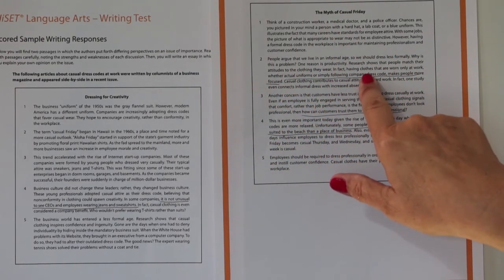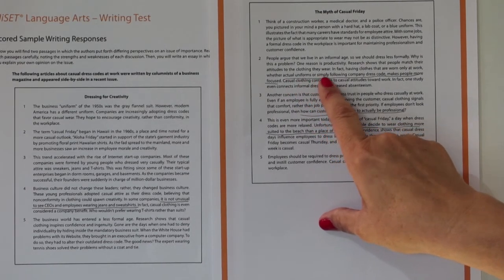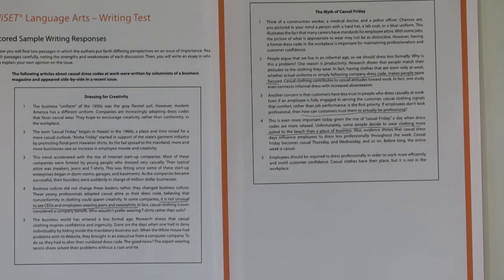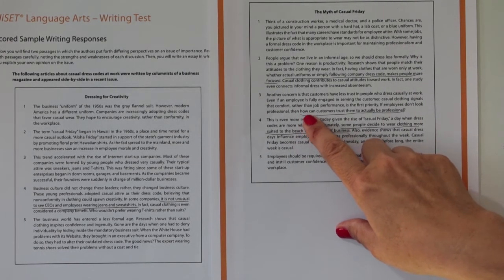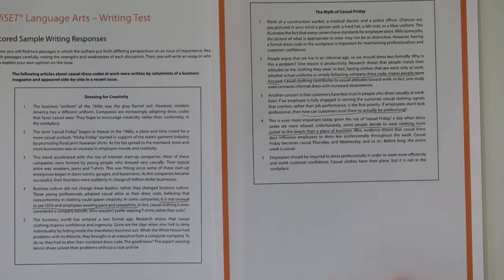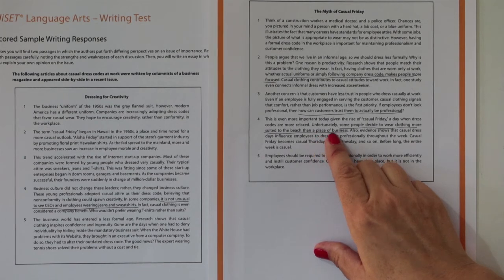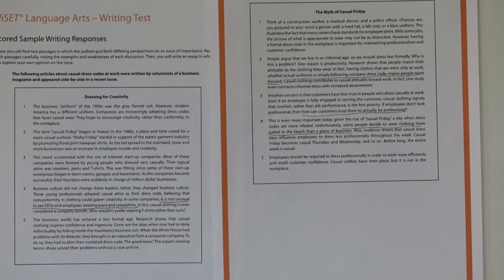I looked in paragraph 2 and I underlined the phrase that says actual uniforms or simply following dress code makes people more focused. I underlined in the next paragraph, how can customers trust them to actually be professional? And then I underlined in the 4th paragraph that some people decide to wear clothing more suited to the beach.